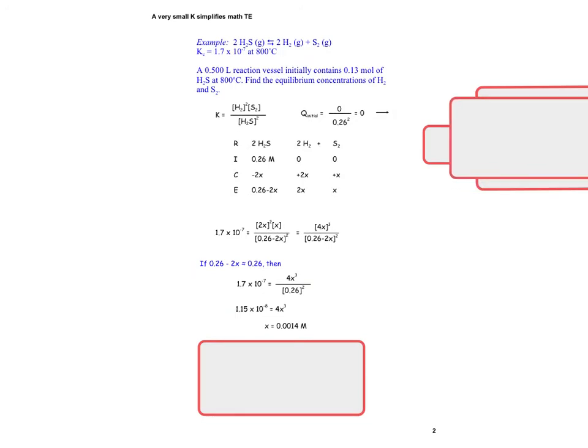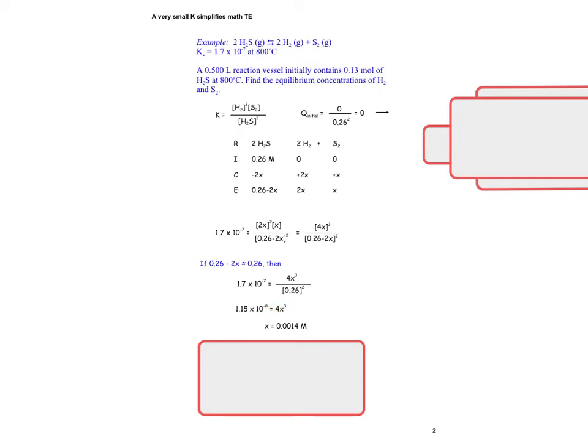So here is my assumption. I'm going to assume that because k is really small, only a tiny amount of hydrogen and sulfur will be formed. That means only a tiny amount of H2S will disappear. So I'm going to say that 0.26 minus 2x is still going to be about 0.26.